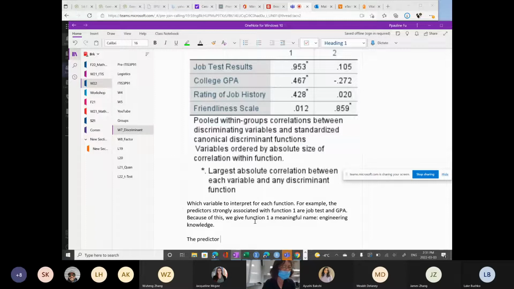The predictor strongly associated with function 2 is friendliness.